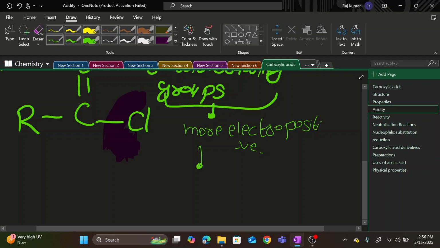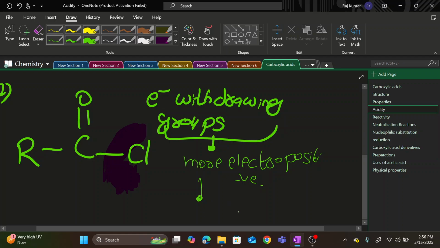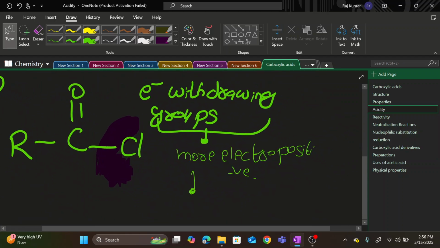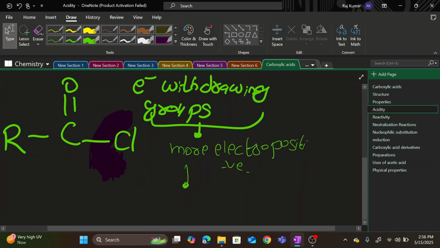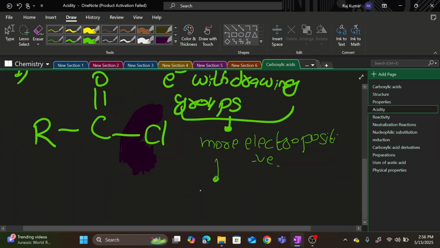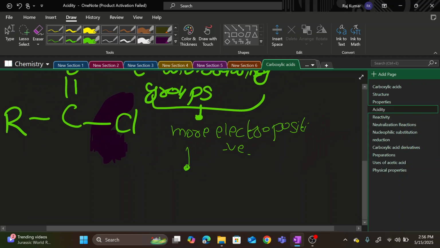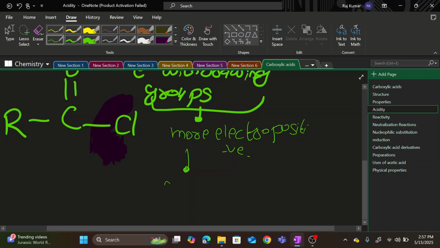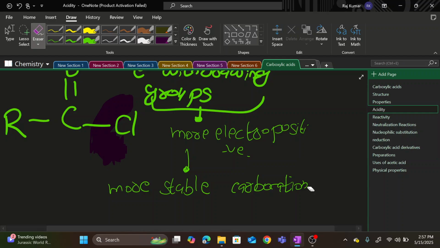Due to this reason, the carbon placed over here is going to form a more stable carbanion.